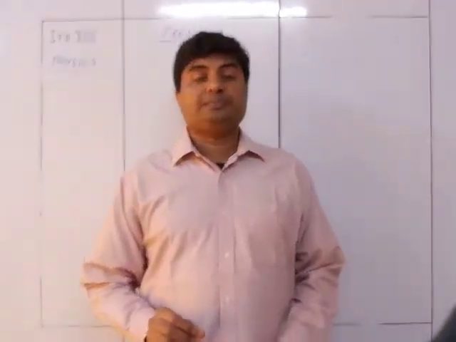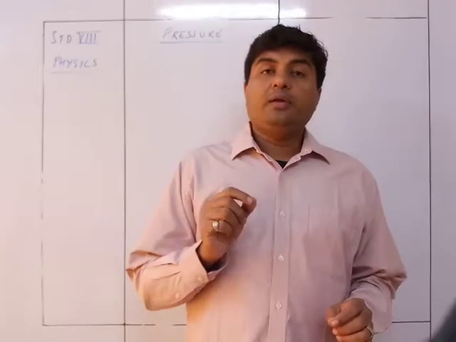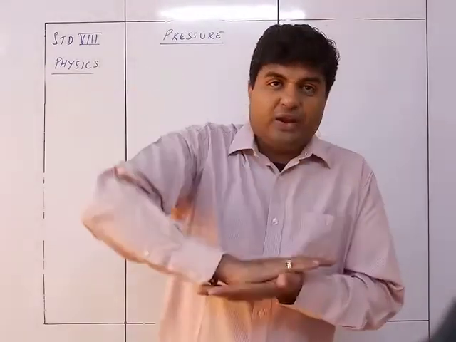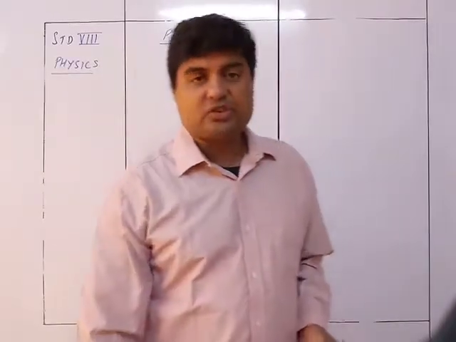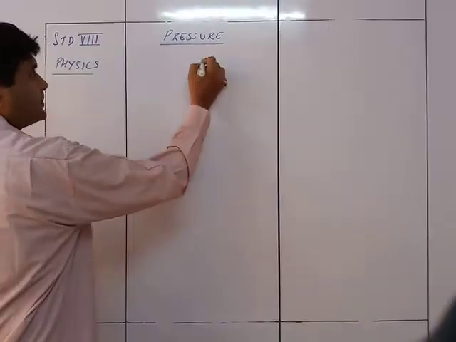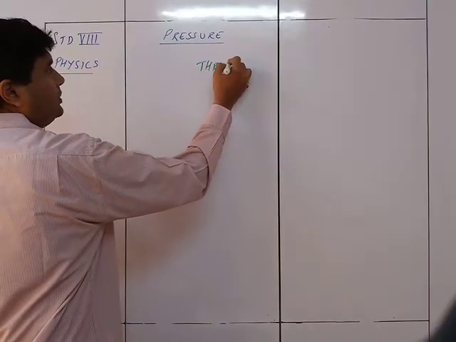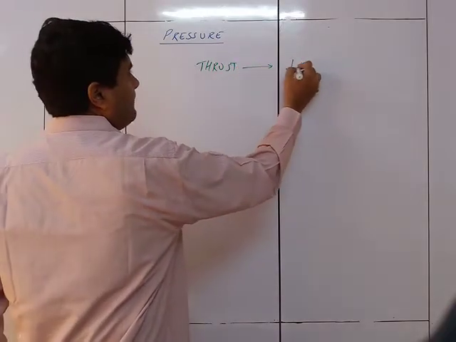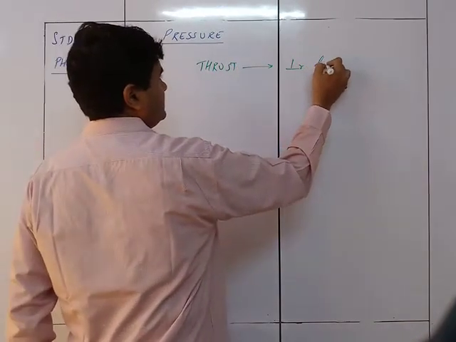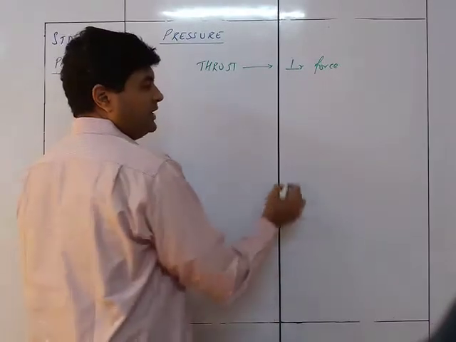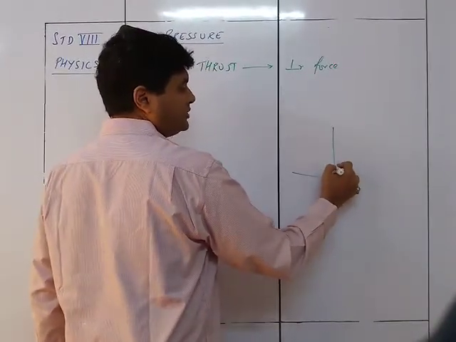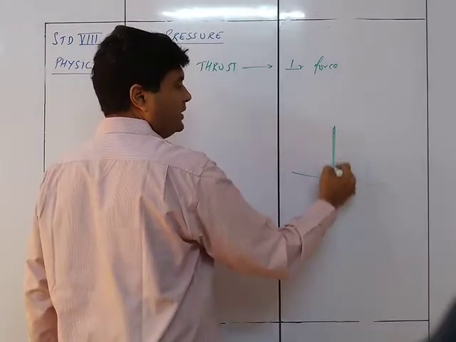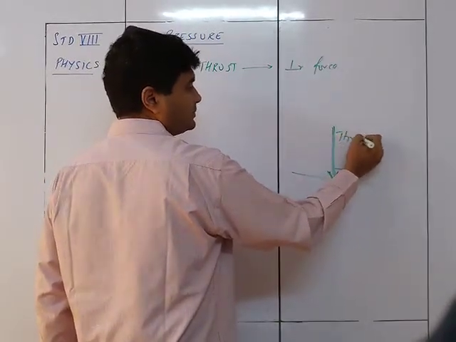The force which is acting perpendicular is called thrust. So thrust is nothing but perpendicular force. That means it is the body and this is the force acting on the body, perpendicular to it. So this force can be taken as thrust.